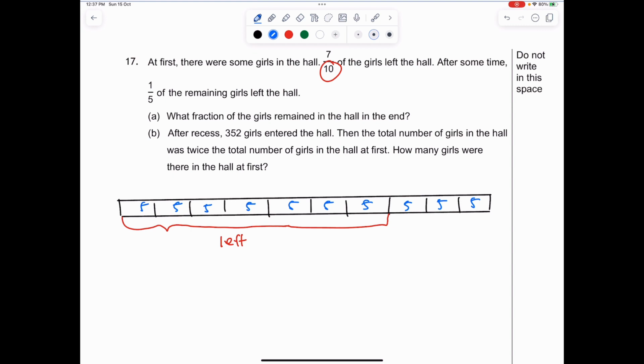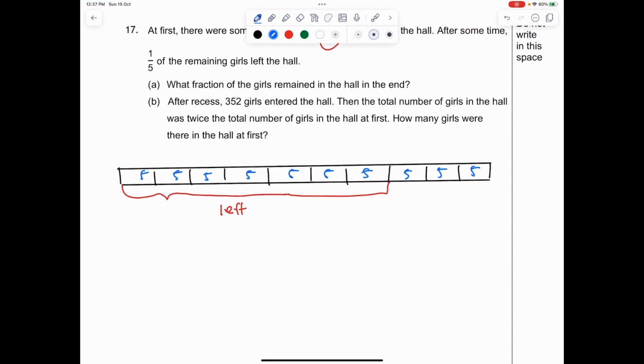So what happens here is, now that we have made the parts equivalent by dividing the number of units into 5 parts, we will also need to change the fraction.